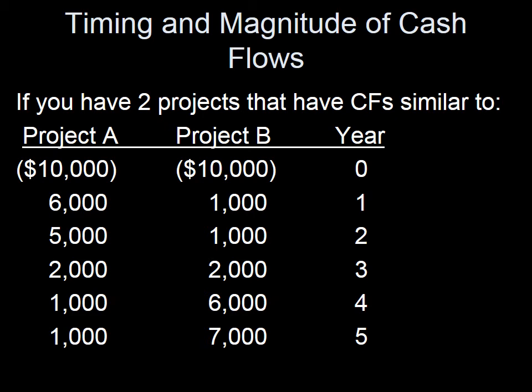Whereas with Project B, you start out slow and your cash flows become large later in the project. Okay, that's what we mean by timing and magnitude of the cash flows. If you have 2 projects where the timing and the magnitude of the cash flows are that different, right here they're almost perfectly opposite, not quite, but almost, then you're going to get a difference in ranking in those projects.